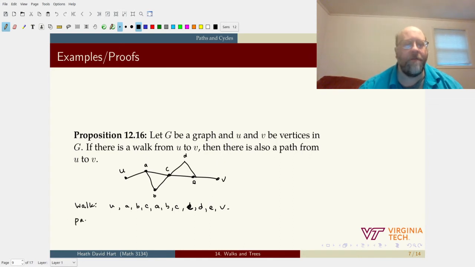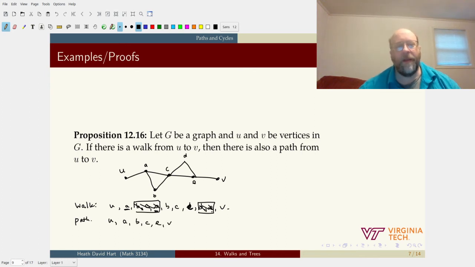I can make a path by trimming out some of the stuff that goes in between. So for example, when I see an A and I see an A later on, what if we cut out the stuff in between the repeated A's? I see an E, I see another E. I can cut out the stuff from the first E to the second E. And that gives me U, A, B, C, E, V. Now, that's not the fastest path because I didn't actually have to go through B, but this is a path.